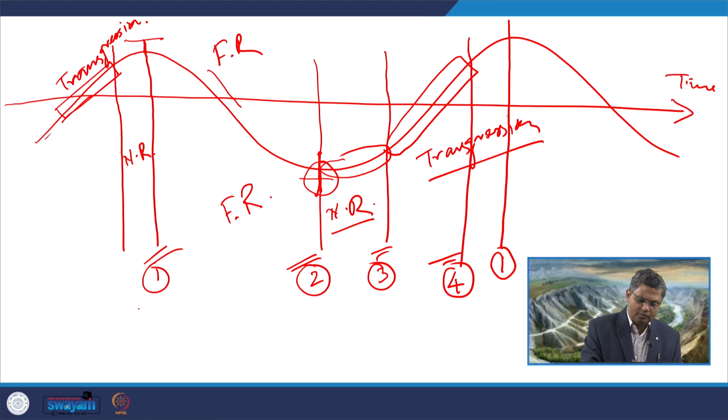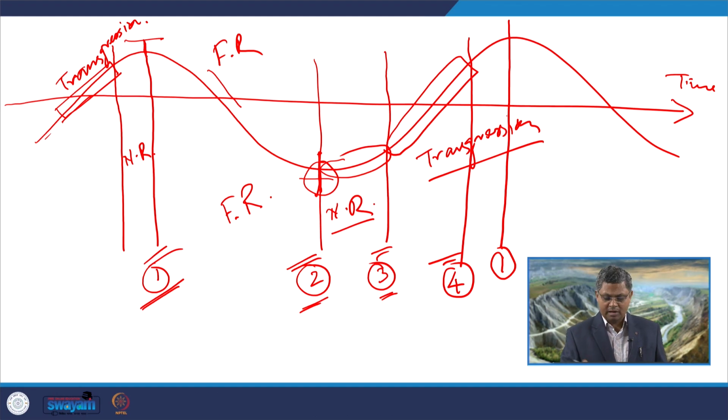Again I am telling you, number 1, start of forced regression, number 2, end of forced regression, number 3, end of normal regression, number 4, end of transgression and start of the next normal regression, which is same as this part.